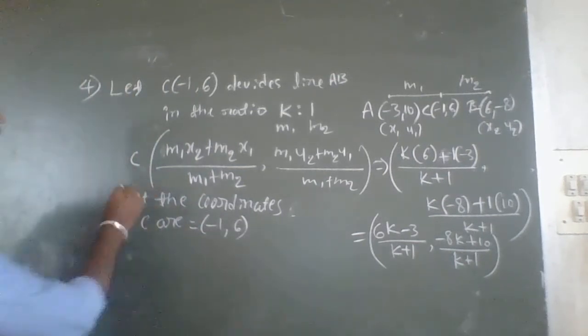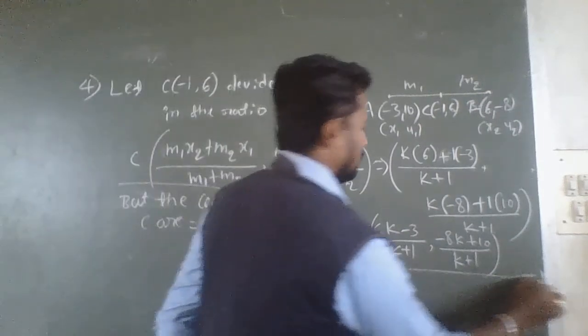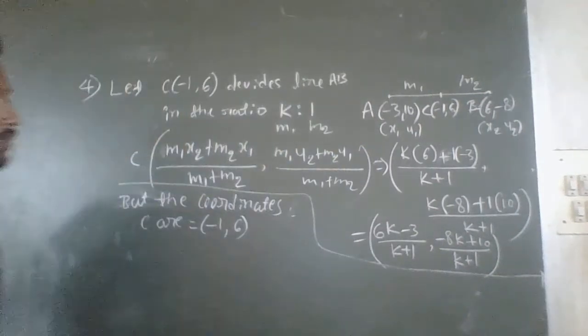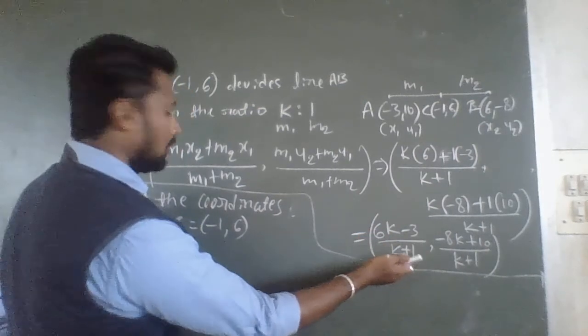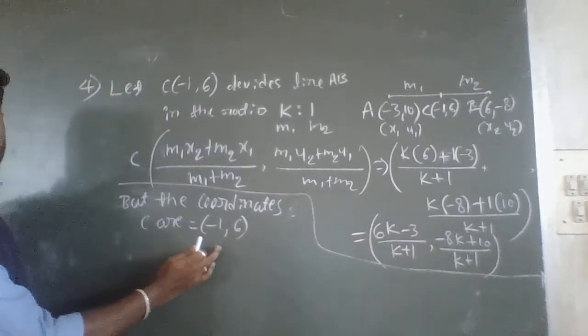Now we got to know that this 6k minus 3 divided by k plus 1 should be equal to minus 1. Why?